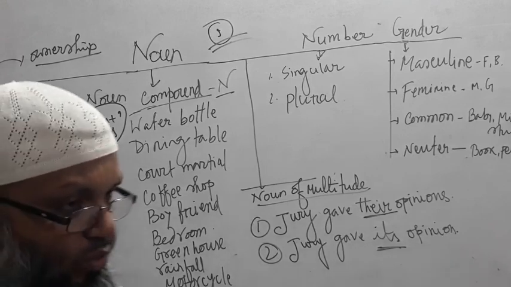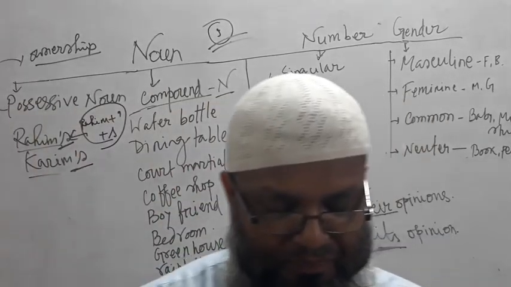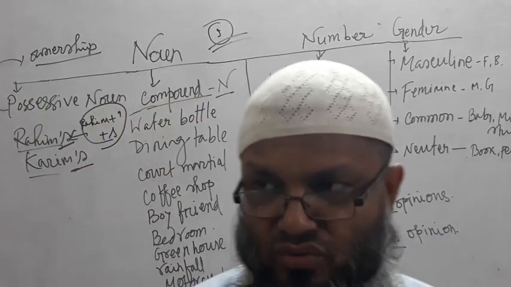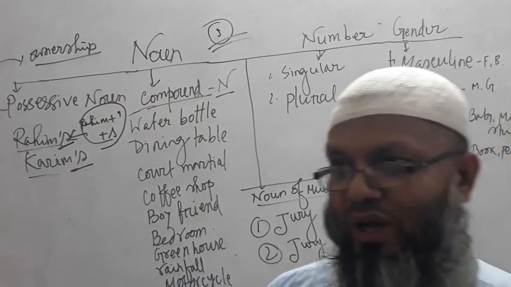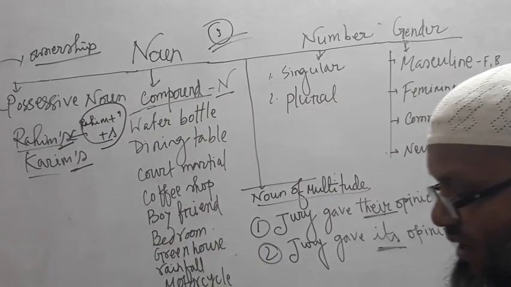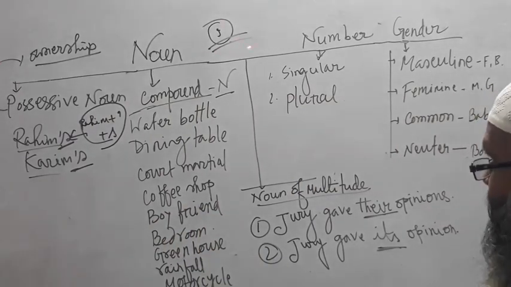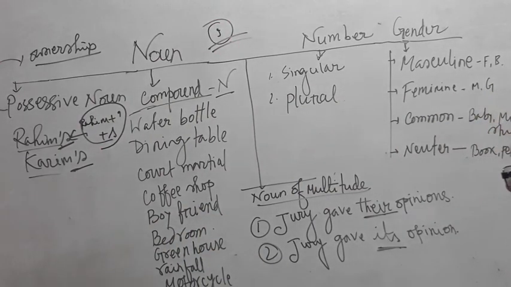That's why whenever we turn any noun into possessive form, we can do it by the help of apostrophe.